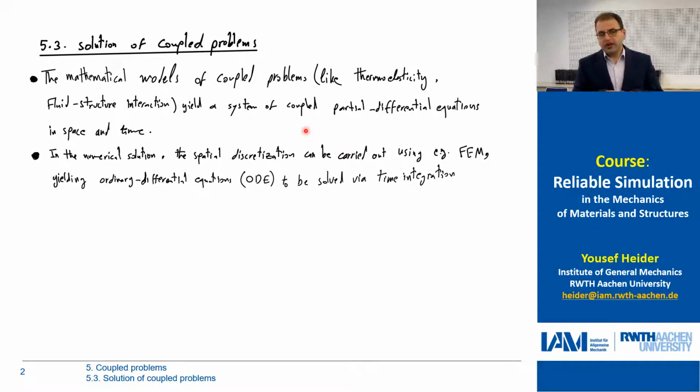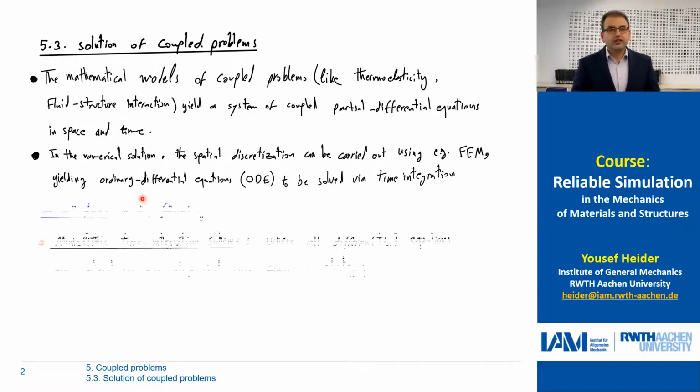It depends. So we would have at the end a spatial discretization. The other discretization is a time discretization. Then we have to deal with differential equations in time, like ordinary differential equations, and a suitable time integration scheme should be chosen in this case.